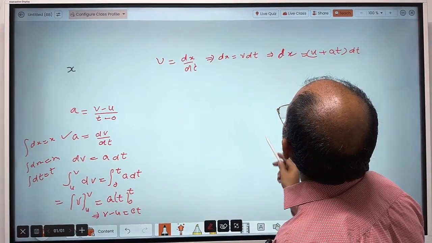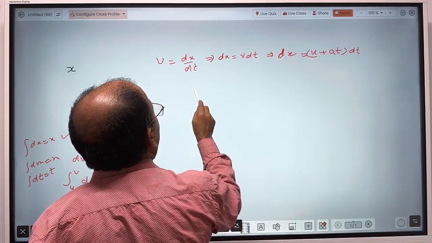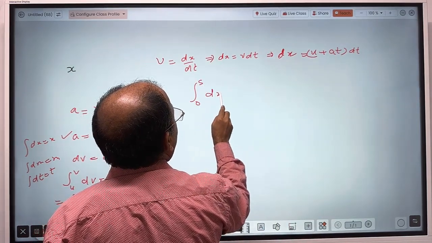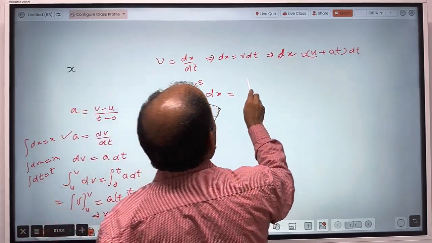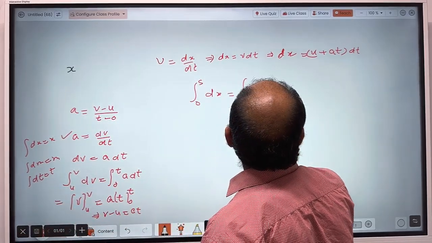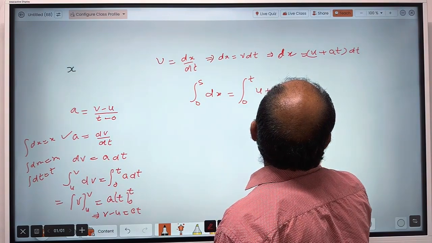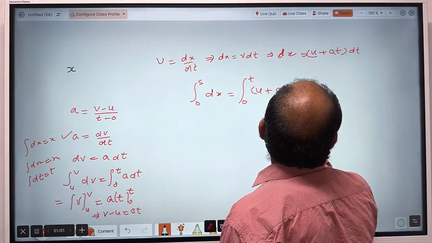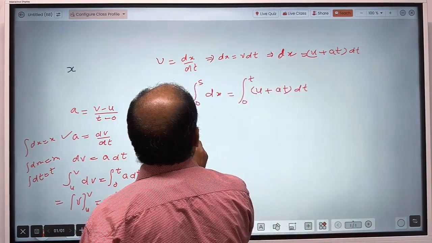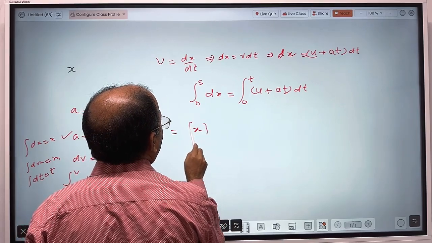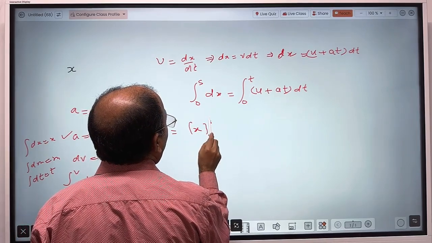Now we can integrate it. Here distance changes from 0 to s. So integration from 0 to s of dx is equal to integration, time changes from 0 to t, of u plus at dt. It is simple. Here this will become x from 0 to s.